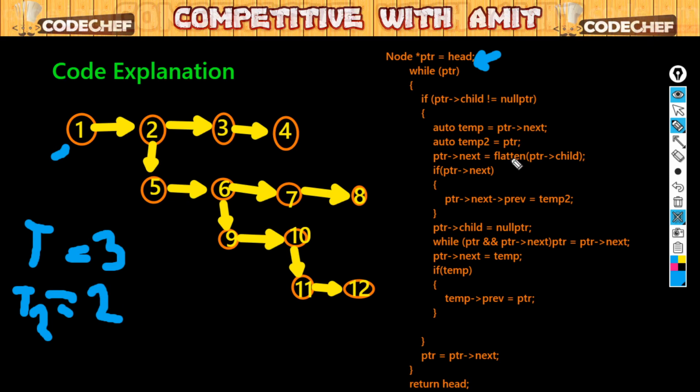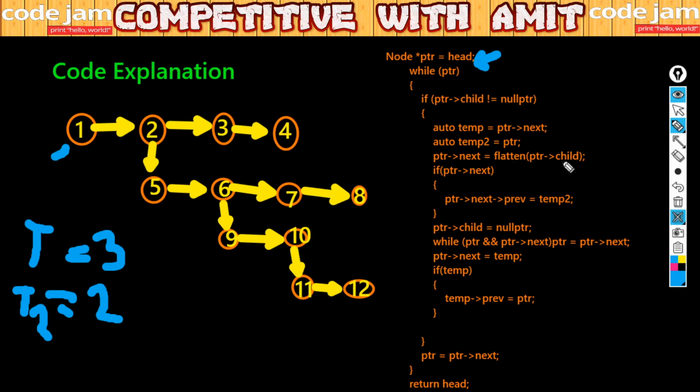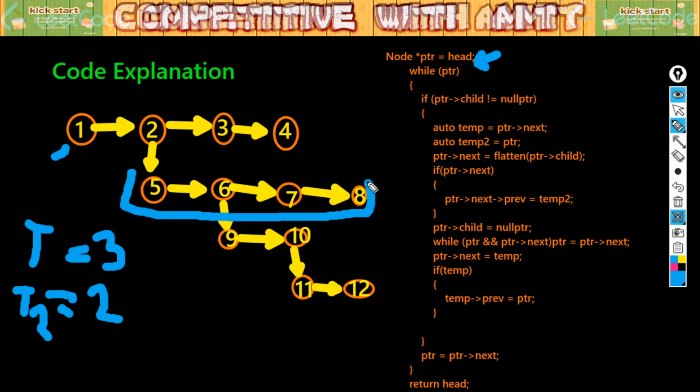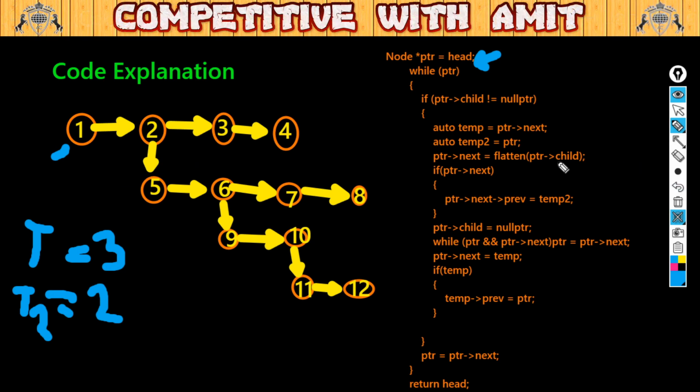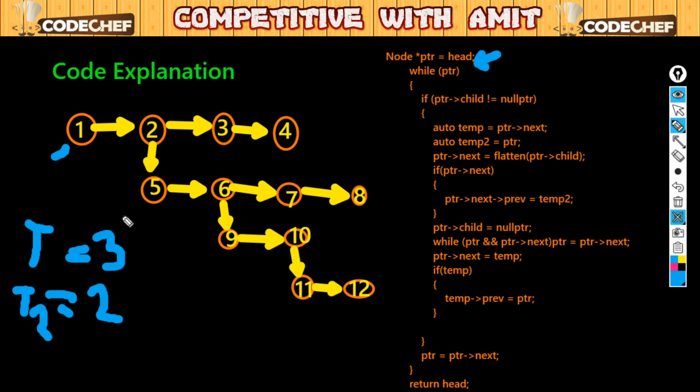Now if the next is a child, we will traverse this whole linked list. So we will again call the same function with the child's ptr, meaning now this will be considered as our head. The same thing will happen with this head.